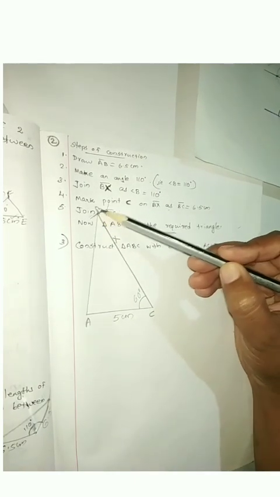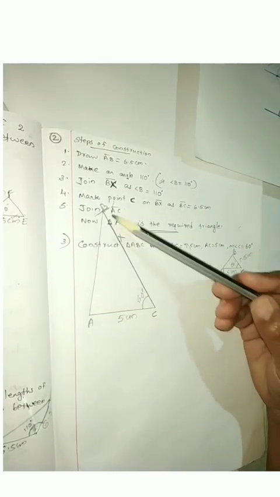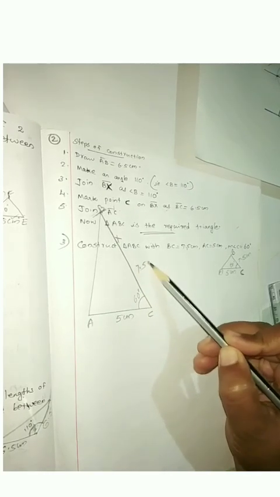Then mark an arc to cut this 60 degree. Then join this A and B. Now triangle ABC is ready with 5 centimeter, then 7.5 centimeter and 60 degree.